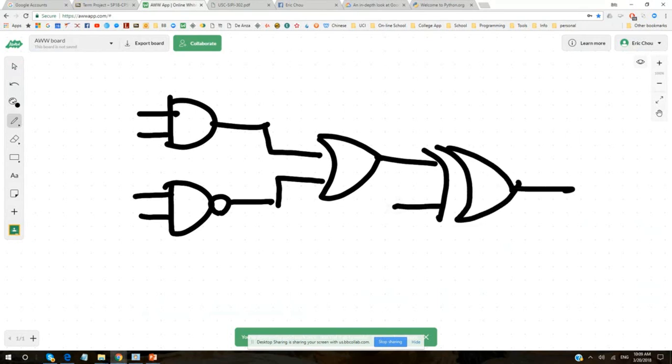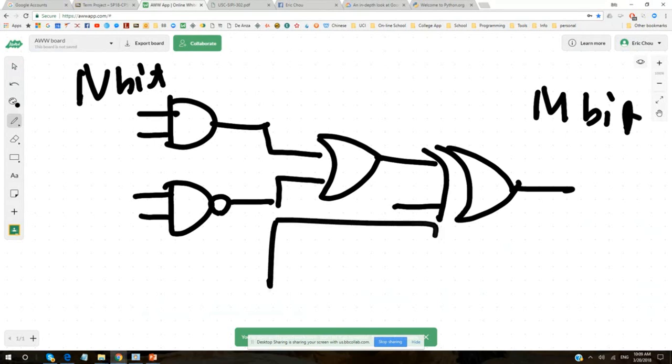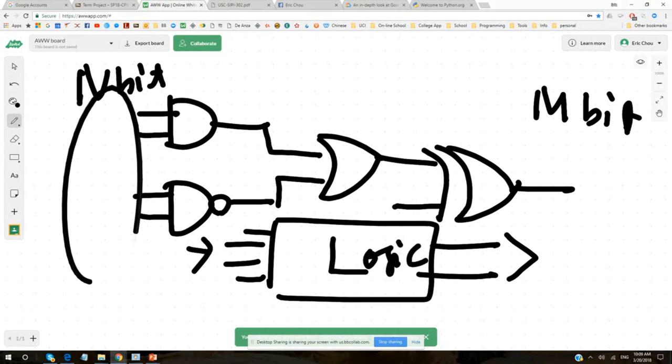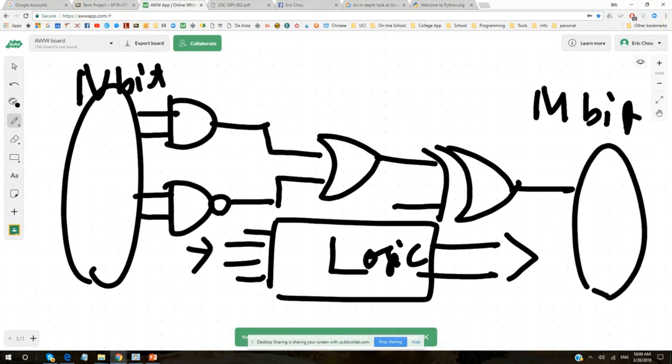So at that time you have a number of bits as input here, and a number of bits as output here. If you look at the bread box, it's a number of bits going in, a number of bits getting out. So basically you are trying to solve a logic problem, and that's it. Based on the number of input bits, you use the bread box to process them and produce output.